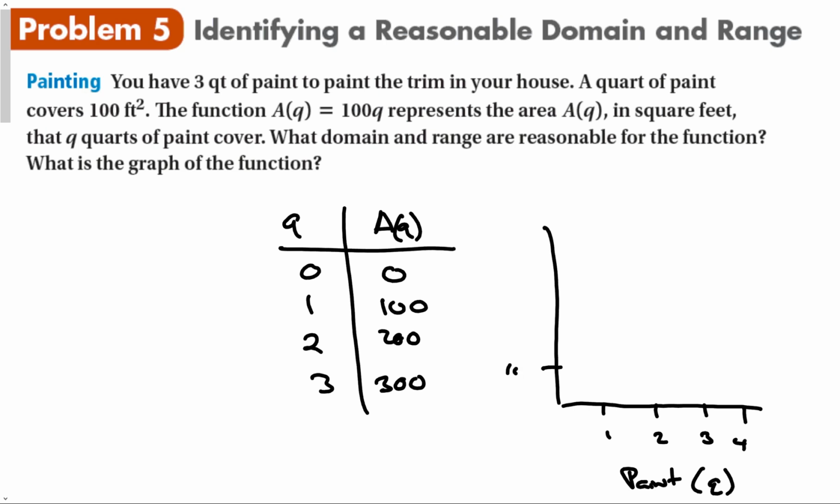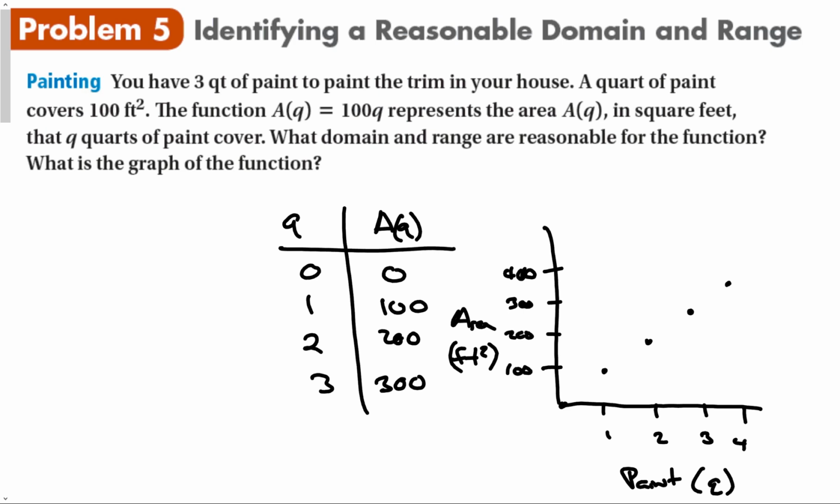And let's just go 100, 200, 300, 400. And that is going to be area in feet squared. Okay. So pretty clear here. 0, 1, 2, 3, and then we can even extrapolate that 4 would give me 400.